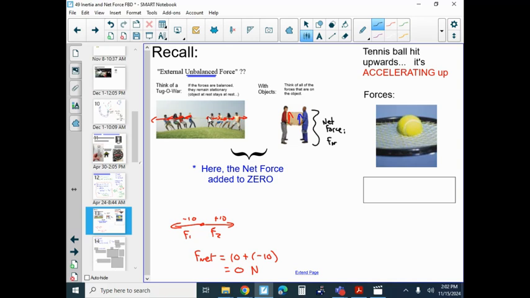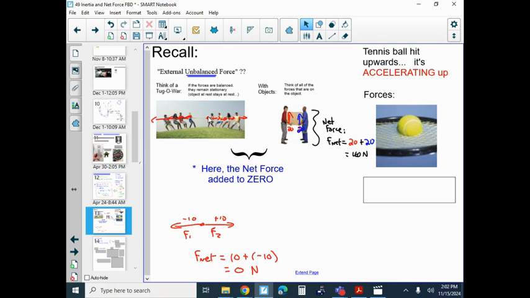So we have F net would equal, if this was 20 newtons and this was 20 newtons, then we have the 20 plus the 20, right? We'd have a grand total of 40, and so on, right?